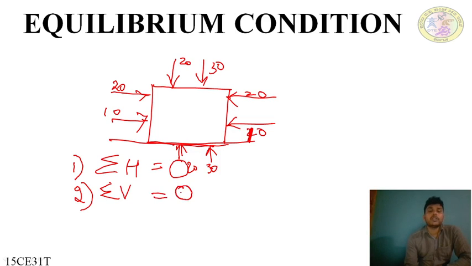Sigma V is equal to zero, so the body will not move and will be in a static condition.